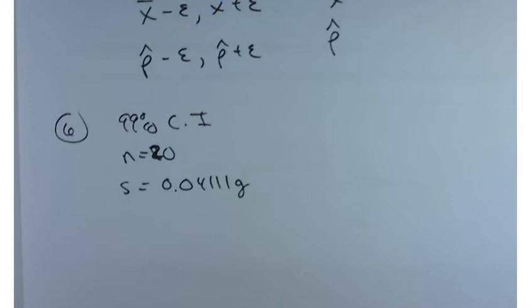Now, one of the assumptions, and I'll go over this a little bit more when we start doing our hypothesis test for the same parameter, is that you have a normal distribution and a simple random sample from that normal distribution. That's a pretty hard assumption in this one.